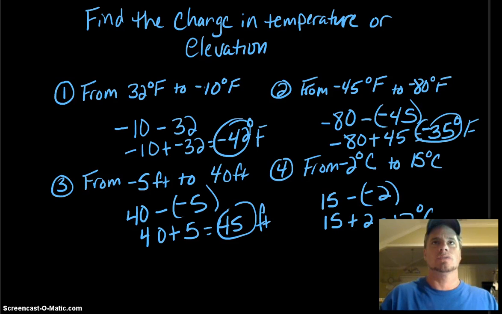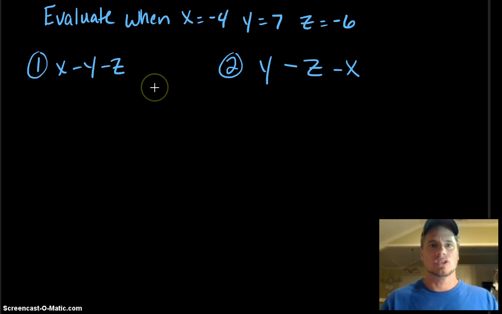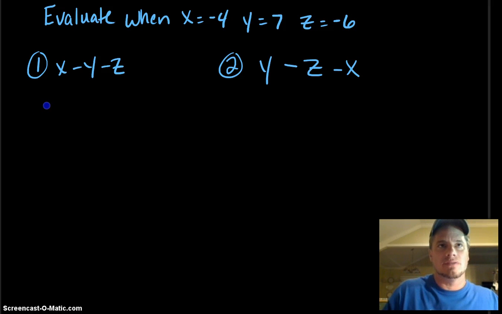Let's do 2 more problems and we'll be finished. Okay, we're going to substitute for x, y, and z here. So we're going to have negative 4, minus 7, minus negative 6. Let's go ahead and put the 7 in parentheses too.